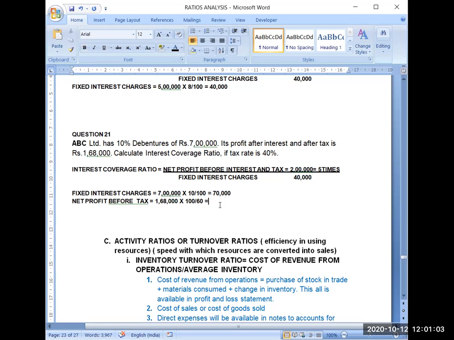Now if you solve it, you can write 1,68,000 multiplied by 5 upon 3. Divide 1,68,000 by 3: 3 5s are 15, 3 6s are 18, 56,000 multiplied by 5 comes to 2,80,000. So profit before tax is 2,80,000.